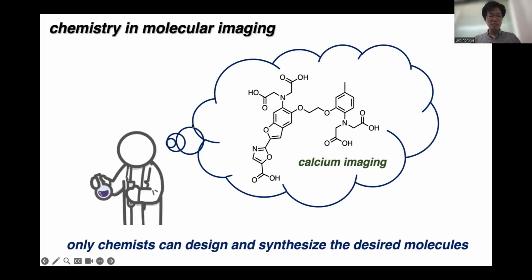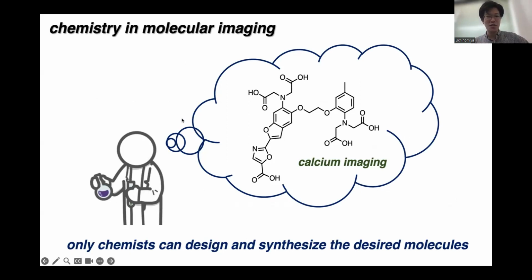The most important point is that only chemists can design and synthesize the desired molecule. Dr. Roger Tsien wanted to conduct calcium imaging, and he designed and synthesized a probe.